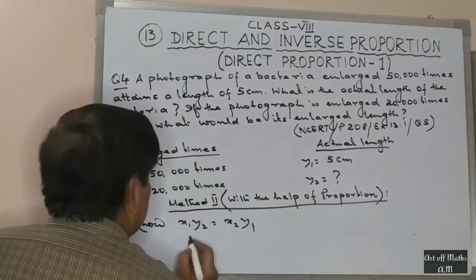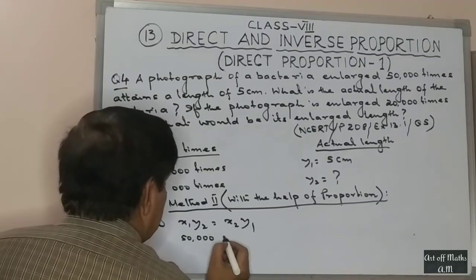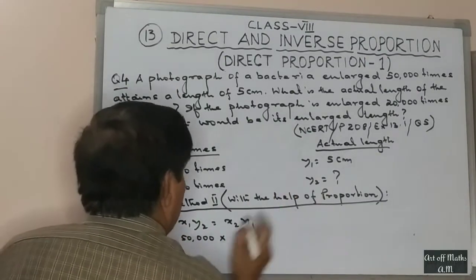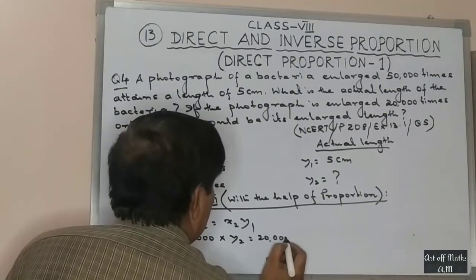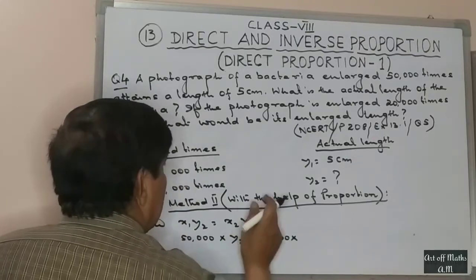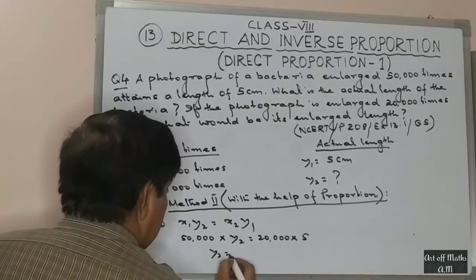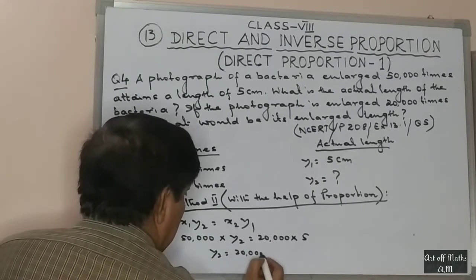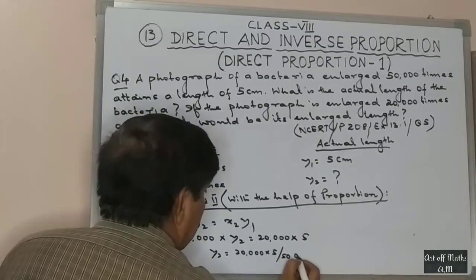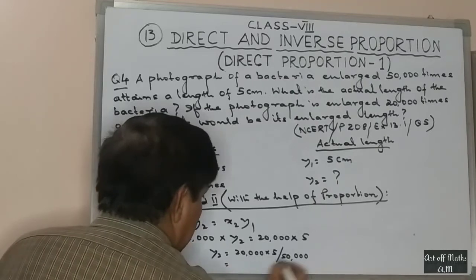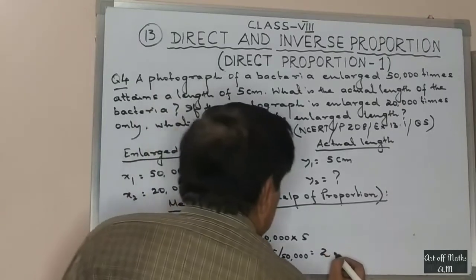Put all these values: 50,000 times into y2, find out x2 20 into y1 5. That means y2 equals 20 into 5 divided by 50, that means 2 centimeter.